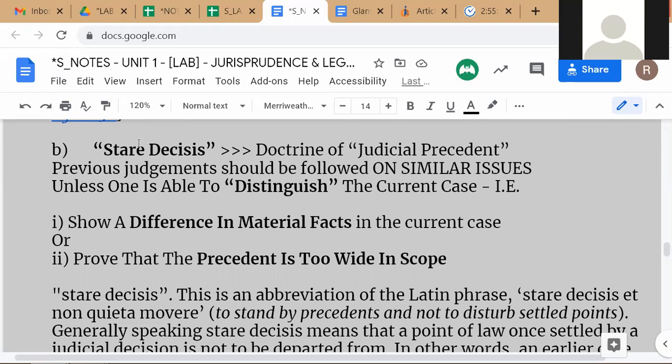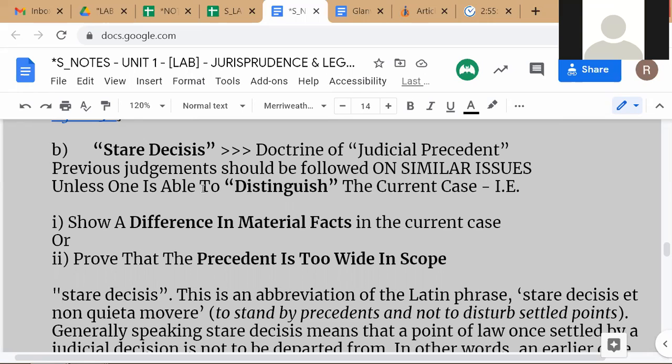And obviously this applies to a similar matter, similar issues in the case, unless one is able to distinguish. So we use this particular term of art: unless one is able to distinguish the current case from the precedent. So we are talking about two different things: one is the precedent, and one is the current case. So what do we mean by distinguishing? As we said, there are two types of distinguishing.